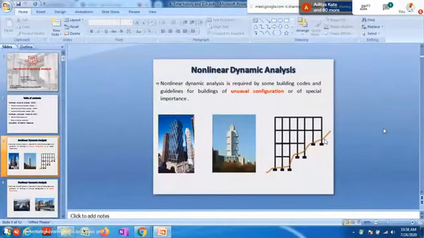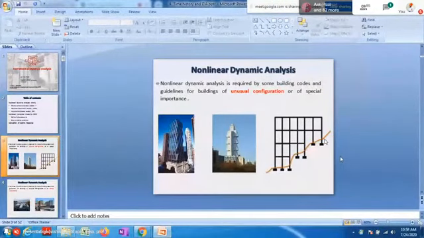So if tall buildings are like this, the structure becomes unusual, and its performance is unusual. Therefore, pushover analysis is not sufficient for this. If the structure is resting on sloping ground, here also we can perform pushover analysis, no doubt, but the results are not that realistic.